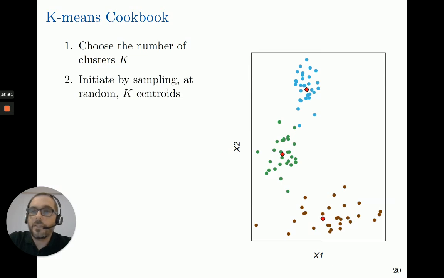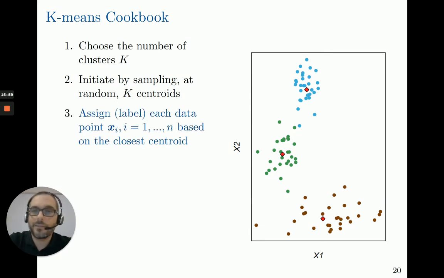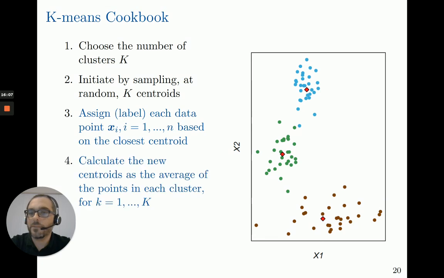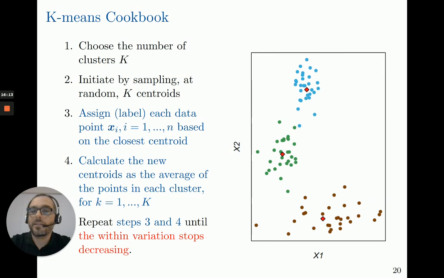We can initiate just by random sampling k centroids. We assign a label to each data point based on the closest centroid. We calculate the new centroids as the average of the points in each cluster and repeat steps 3 and 4 until the within variation stops decreasing.